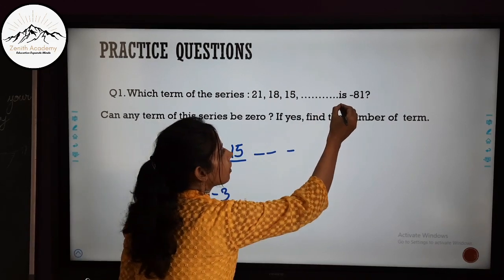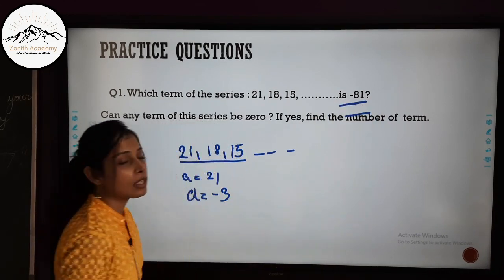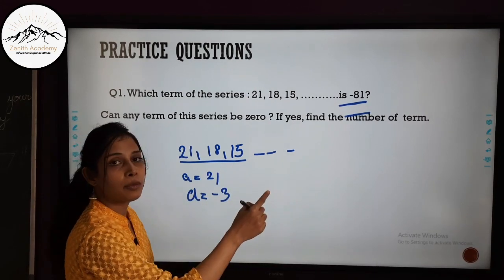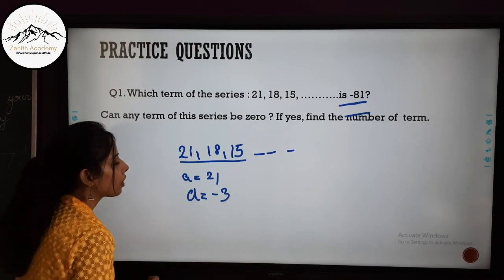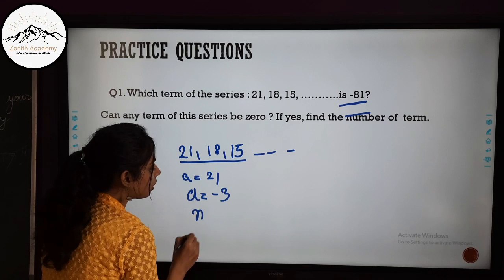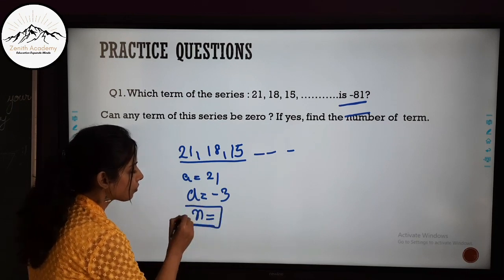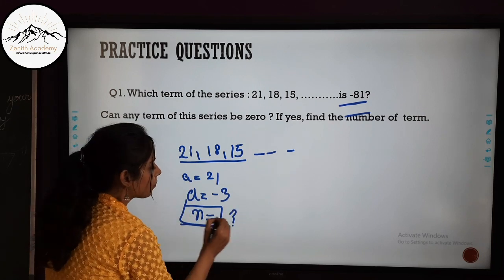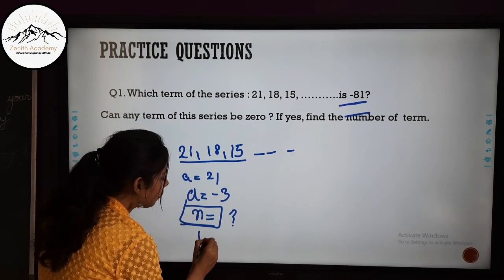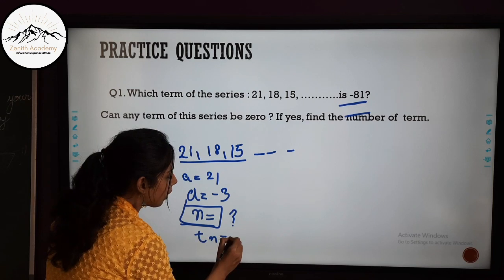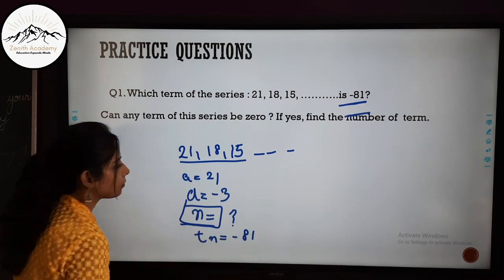Now it is saying we need to find which term in this series will be minus 81. So here what we need to actually find is N. We have been given the nth term as minus 81.